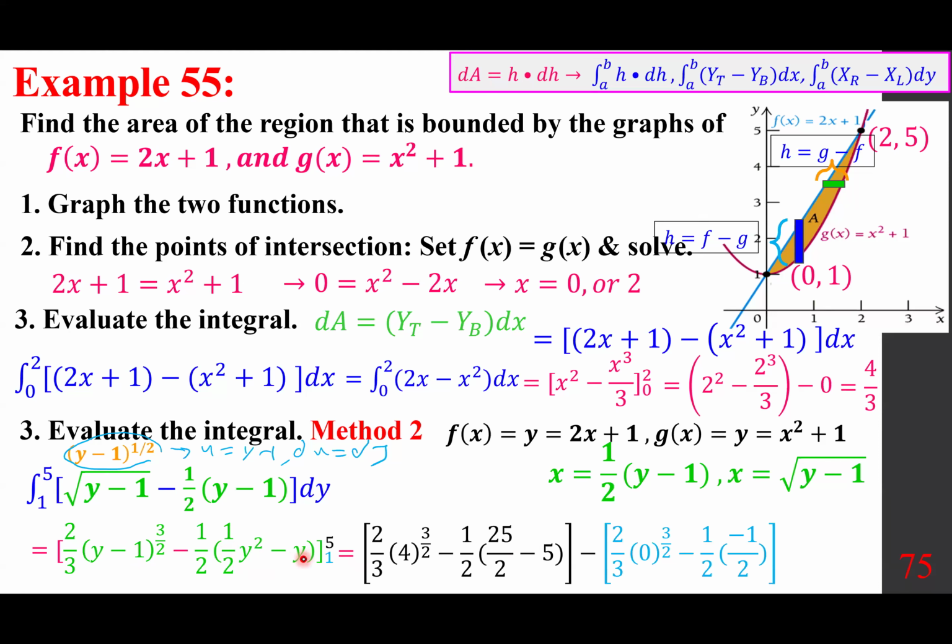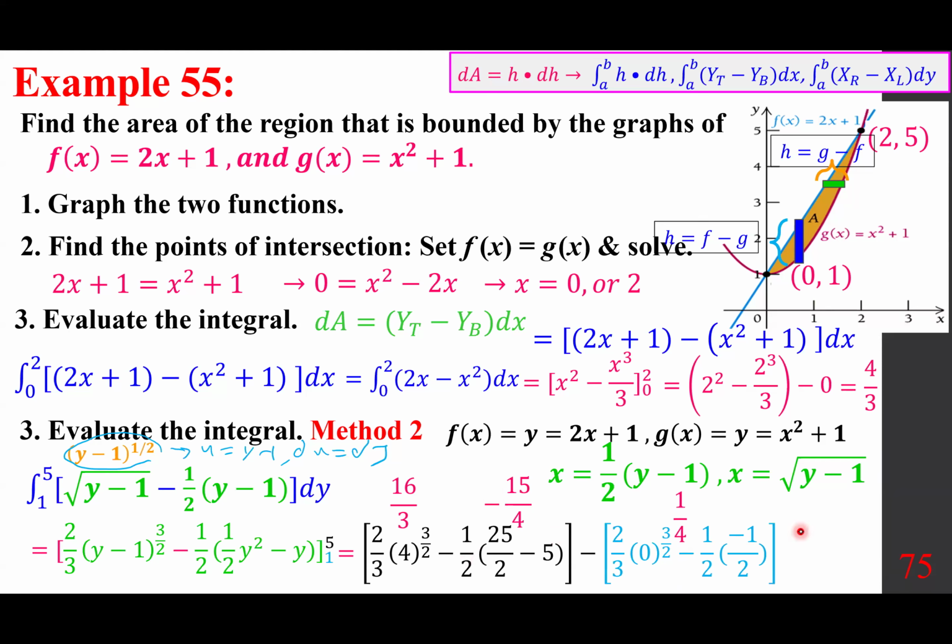And when you finish the job, this is 16/3 because square root of 4 is 2. 2 cubed is 8. Times 2 is 16/3. This is minus 15 over 4 because 25 halves minus 10 halves, okay, 15 halves with the negative 1/2 is negative 15/4.